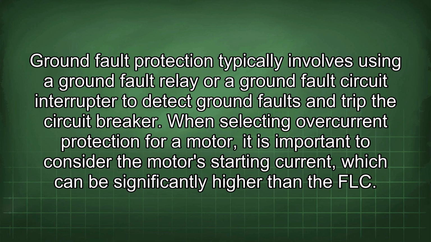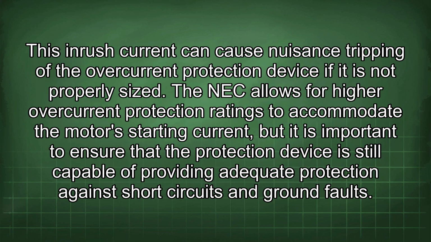When selecting overcurrent protection for a motor, it is important to consider the motor's starting current, which can be significantly higher than the FLC. This inrush current can cause nuisance tripping of the overcurrent protection device if it is not properly sized. The NEC allows for higher overcurrent protection ratings to accommodate the motor's starting current, but it is important to ensure that the protection device is still capable of providing adequate protection against short circuits and ground faults.